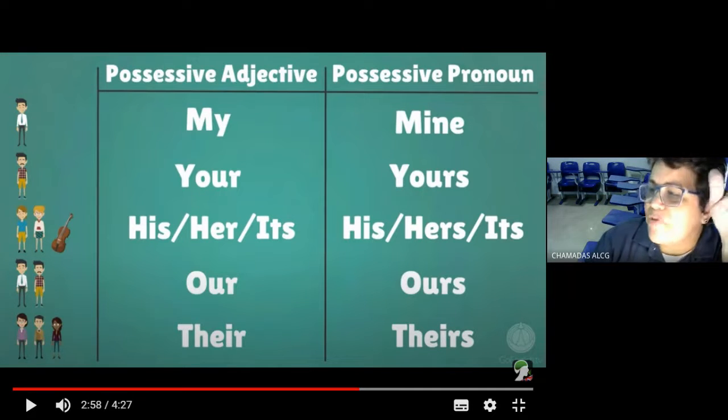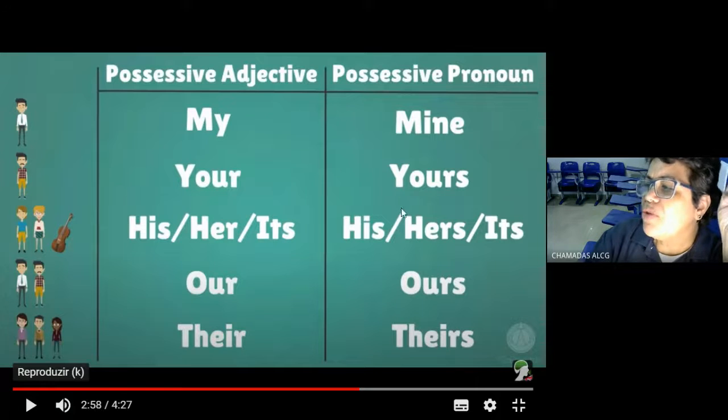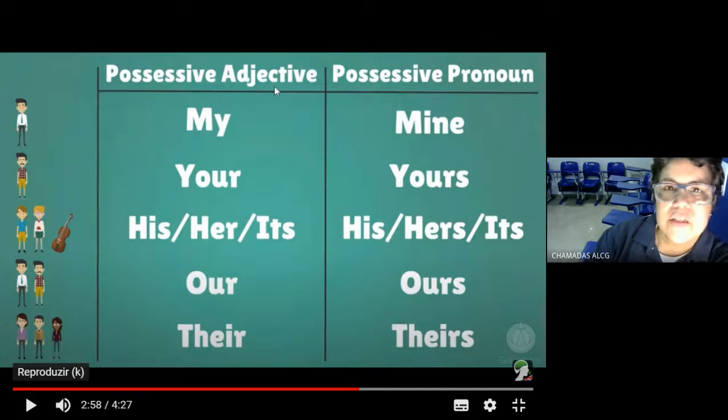Sorry, guys, I have to pause here. There is one mistake, right? We do not use its as possessive pronoun. We use it as possessive adjective, okay? We can say, for example, when we are referring to an animal, we can say, oh, its food is ready.